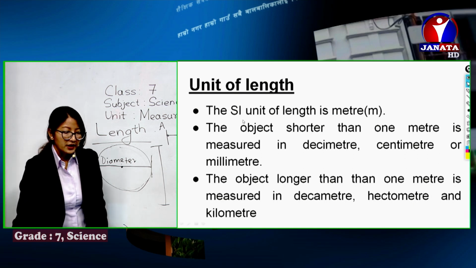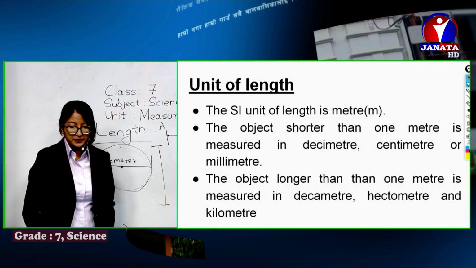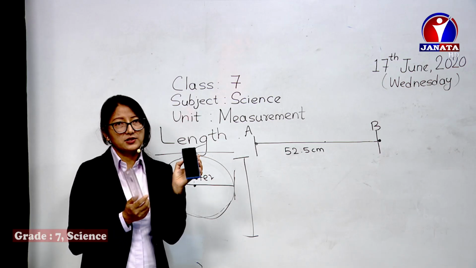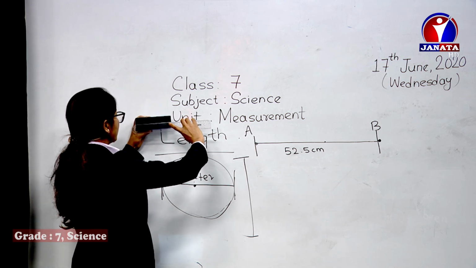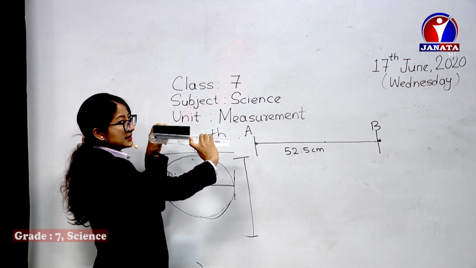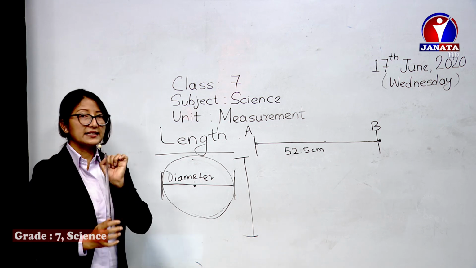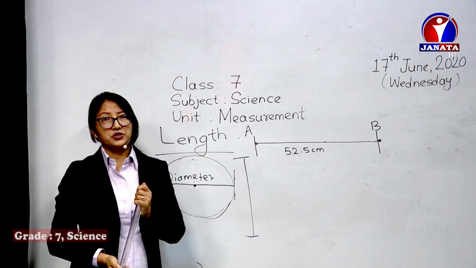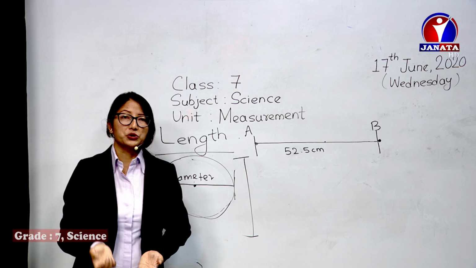For example, if I simply want to measure the length of this duster, I will take a small scale and keep it straight like this and measure it, 0 to 14.5. It can easily be measured in centimeter. But if I want to measure the length of the board, then centimeters and millimeters may not be suitable. I might have to move to meter, a bit bigger unit.